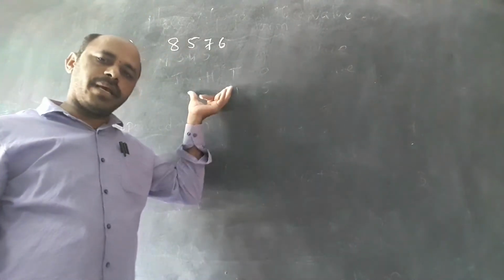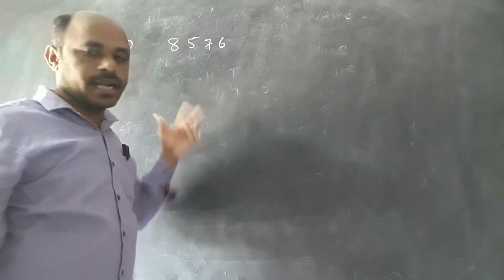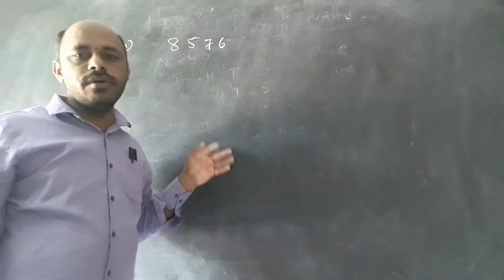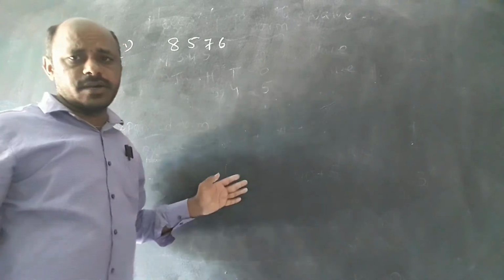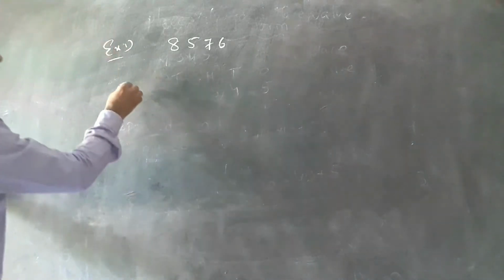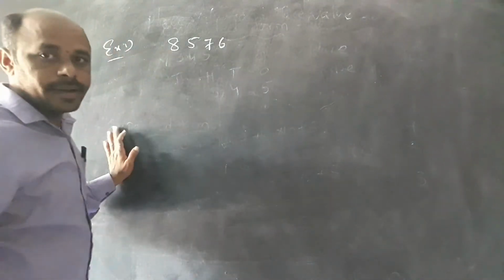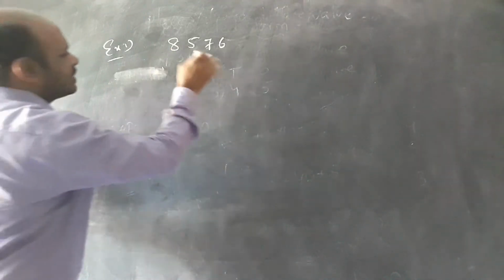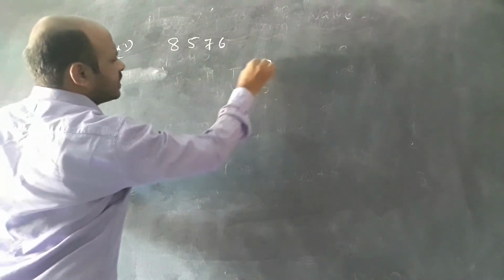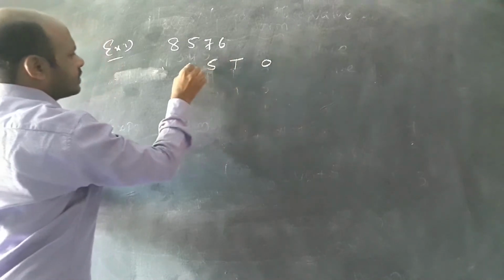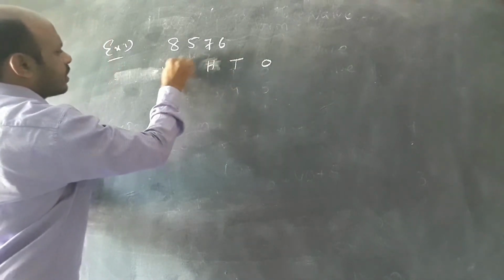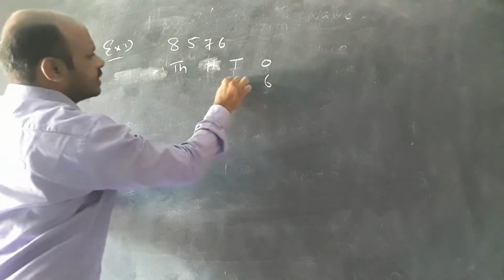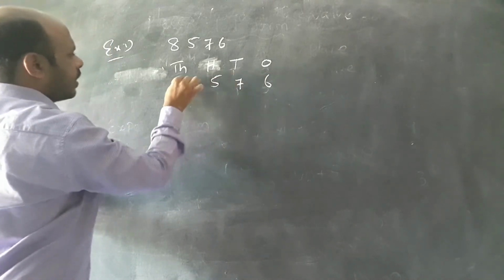Two topics, we can write together in one sum only. Okay now? First, what I am saying, number names. We will arrange according to the place values. First ones, tens, hundreds and thousands. It will be 6, 7, 5 and 8.